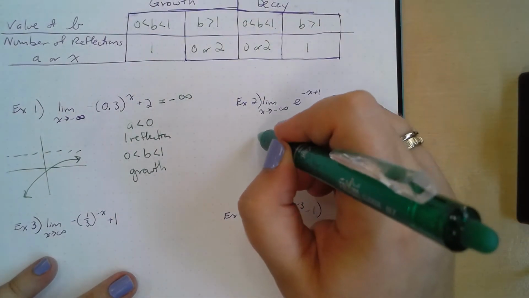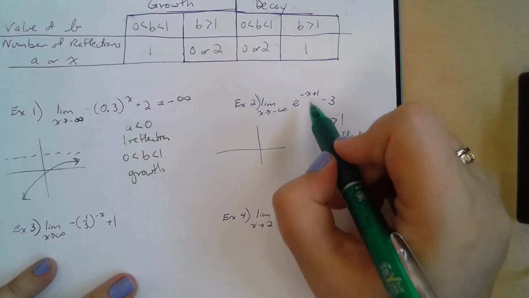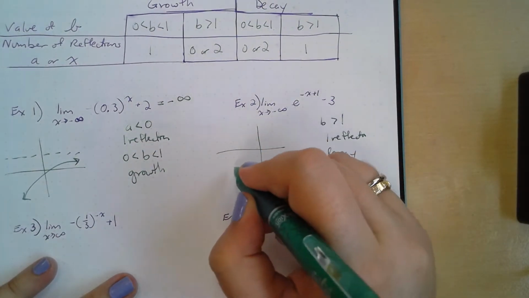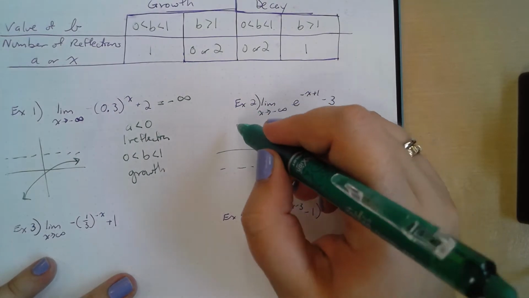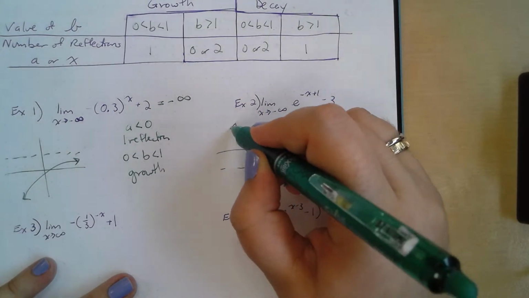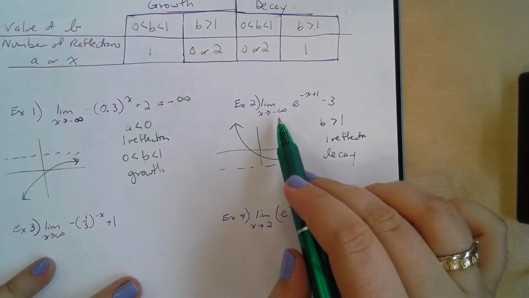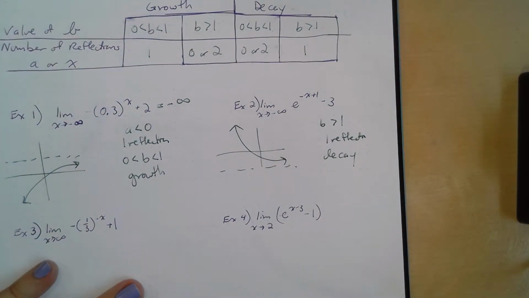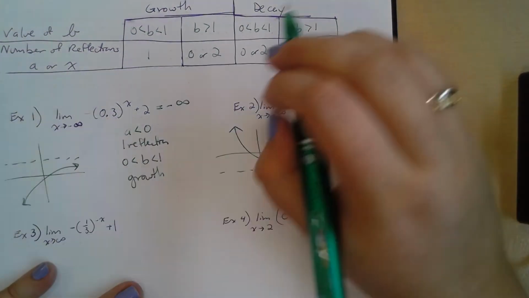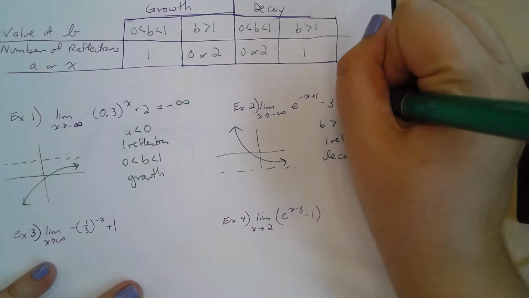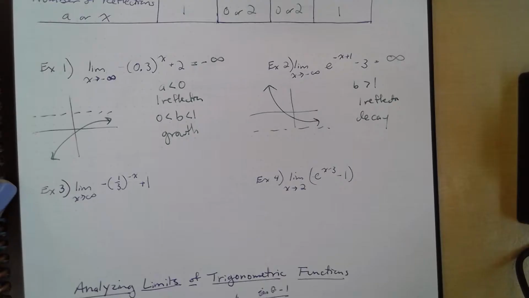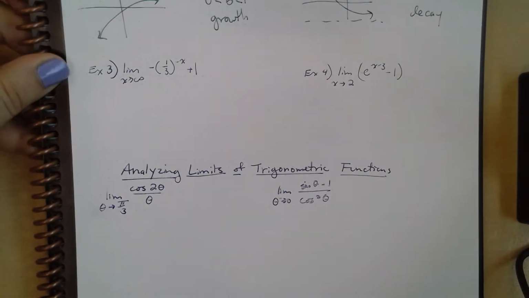So I can draw this again. Looks like here, negative 3 is that. I don't really know exactly what this looks like, but I know it's going to be something like this. As I'm going towards negative infinity, I'm going up and up and up forever. So I'm actually going towards positive infinity. That's my limit. Let's do another example.